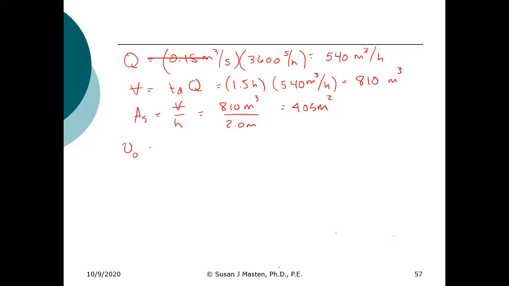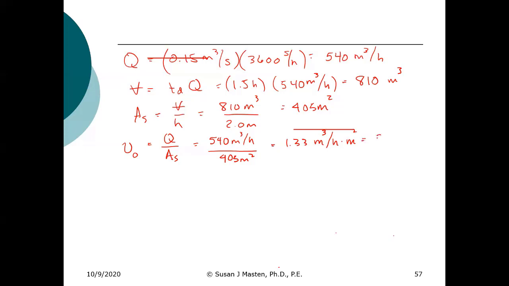The overflow rate is equal to the flow rate divided by the cross-sectional area, and that is 540 cubic meters per hour divided by the surface area that we just calculated. And that is equal to 1.33 meters cubed per hour per meter squared.